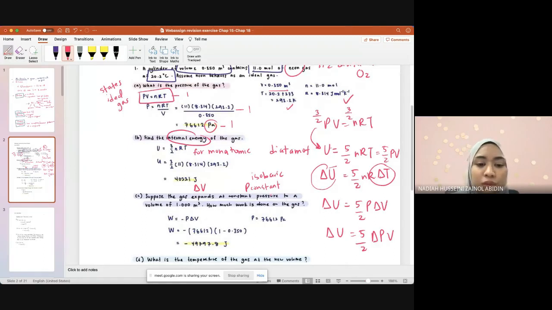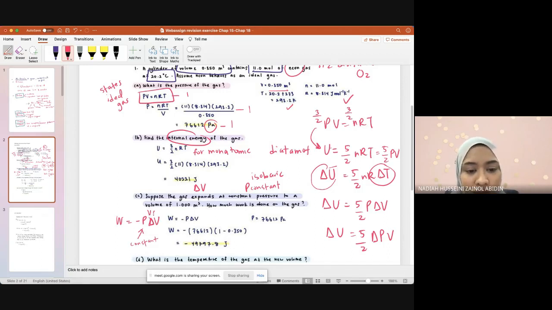So work done, we know this already, W equals minus P delta V. This equation holds for isobaric process because pressure kena constant. Kalau pressure tak constant, this equation tak boleh pakai lah because P needs to be constant. So delta V, we know this.